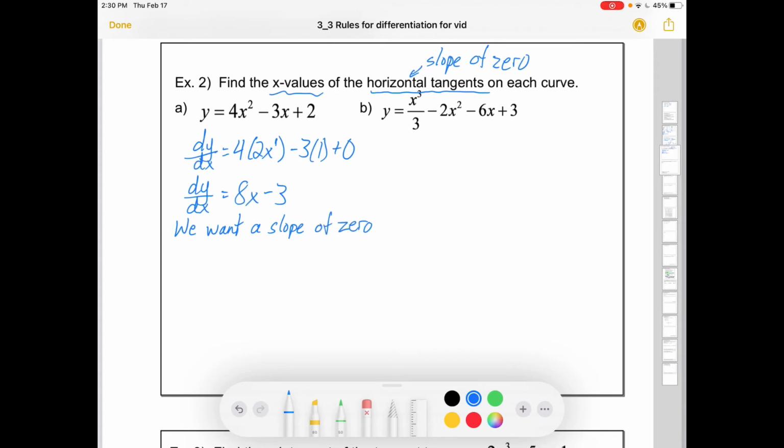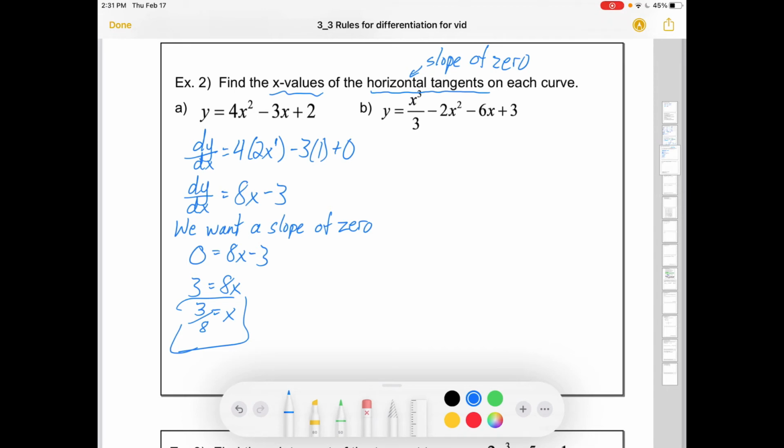So we sub in 0, not for x, but for slope. dy by dx, or y prime, that means slope, or the instantaneous rate of change. So we can just get a little equation. 0 equals the derivative, and solve it. I'm alleging that on this function, you'll get a horizontal tangent at x equals 3/8.